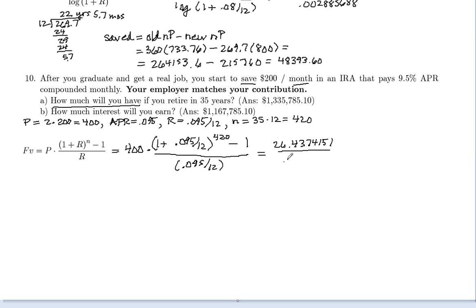That turns out to be 0.007916 repeating. So the sixes keep going. It's 9166666. And I forgot our $400 payment here. Got to squeeze that guy in there. Okay, and so we got a 400 out in front here. So divide these two times 400, and you get your end amount, which is 1,335,785.18.